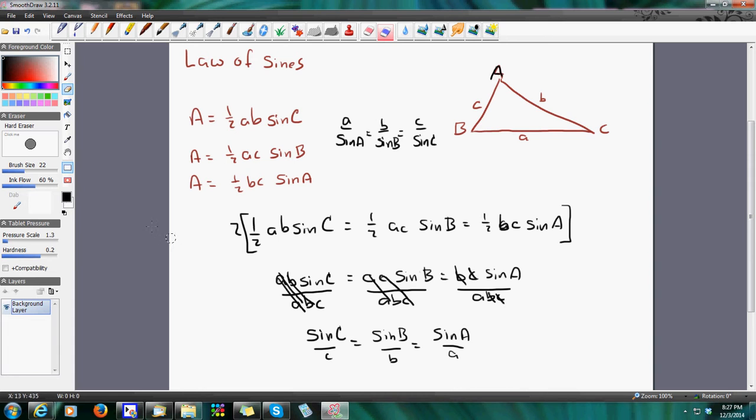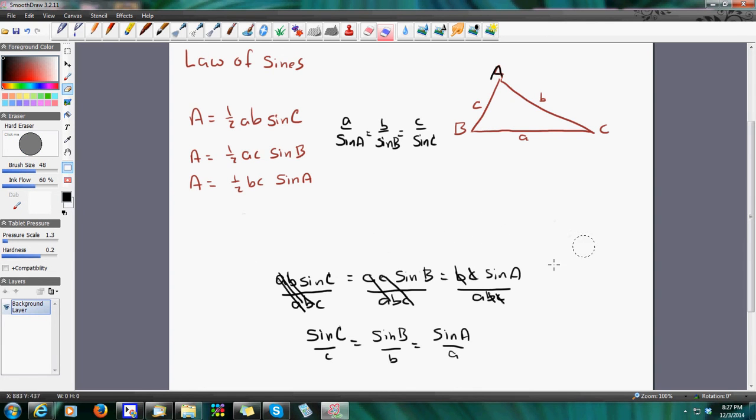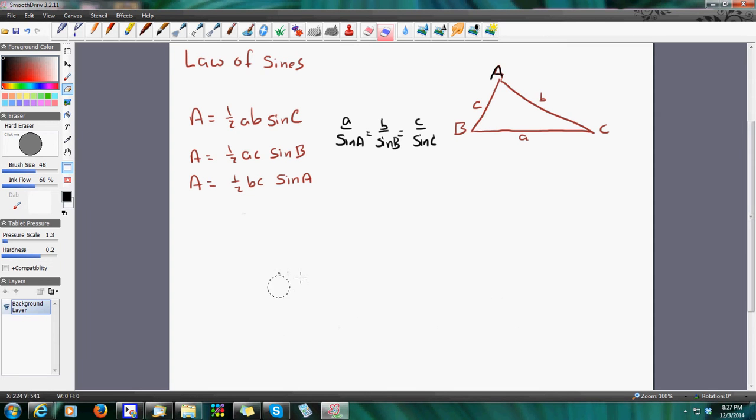And now here's how it works. I'm going to show you a little trick which I think is super, super useful. Let's say I have a triangle. Well, as a matter of fact, I do have a triangle. And I'm going to put in some values.